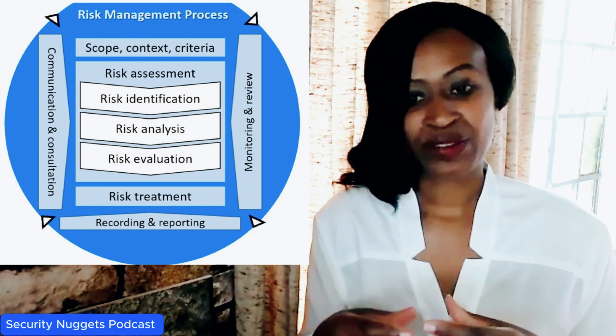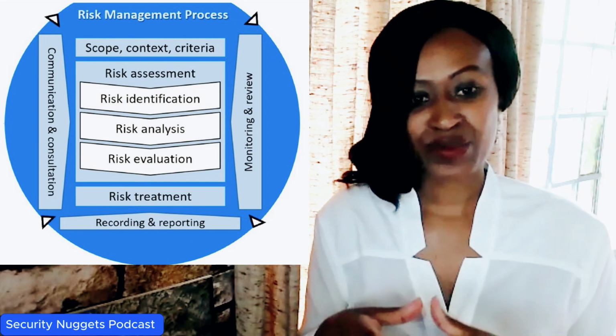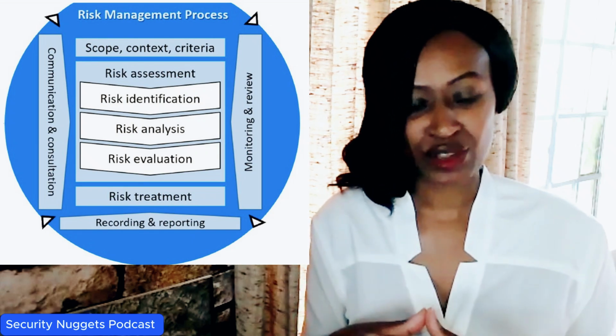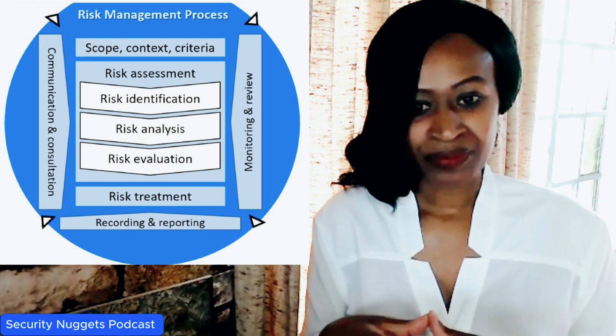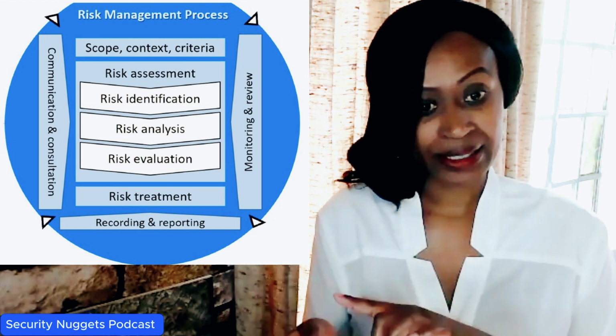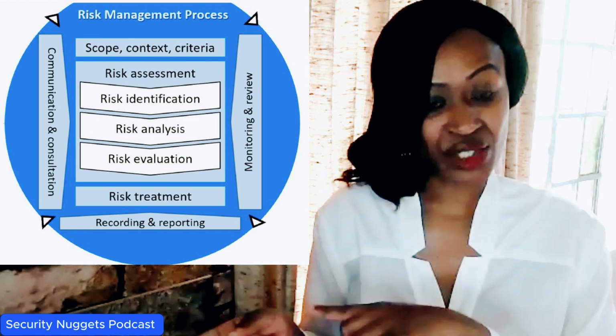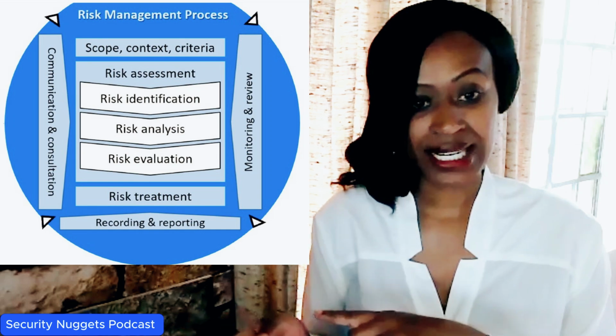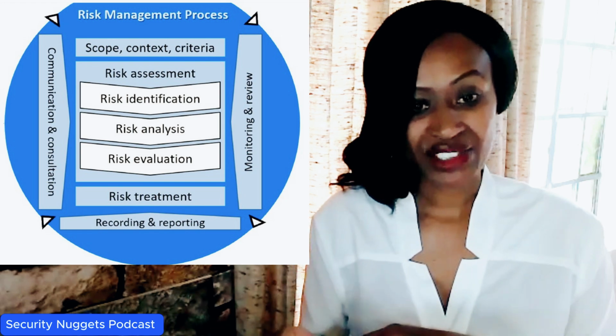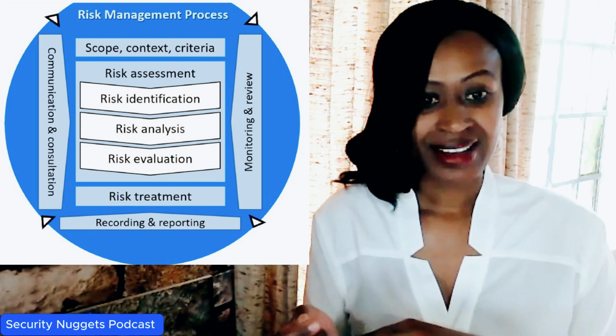There is a lot of recording and reporting that needs to be done. How are your communications within the organization? So you need to align the process with your communication styles within the organization, all right? You need to align the process with the organization culture, all right?